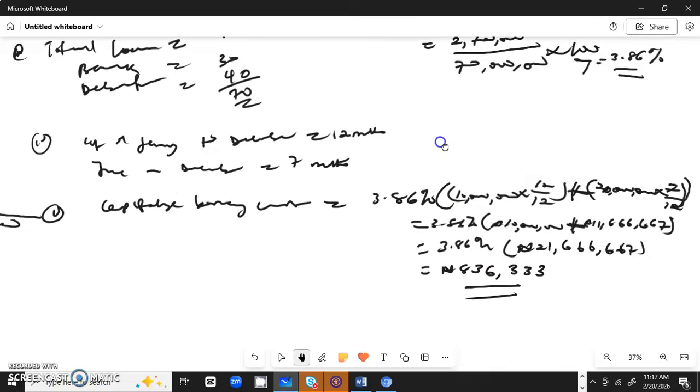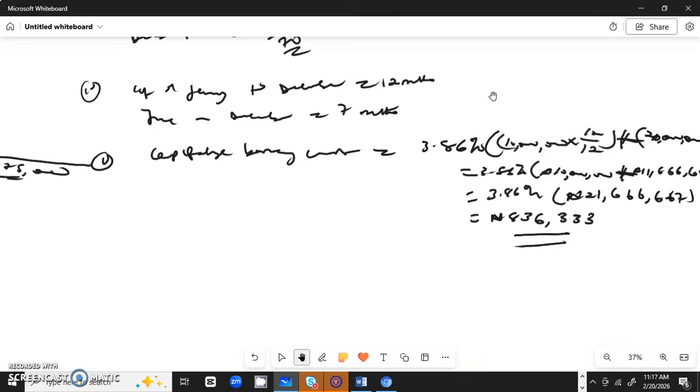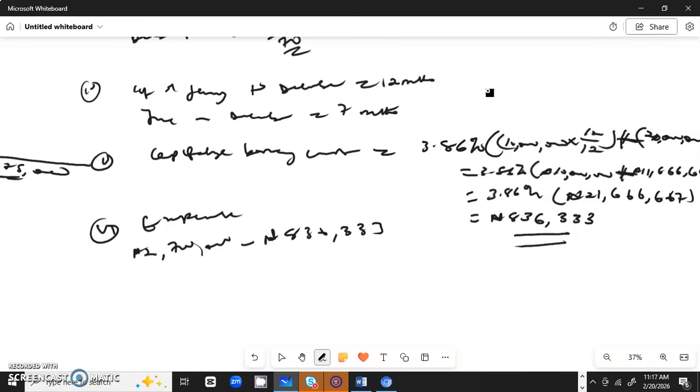Since we are capitalizing 836,333, the amount to be recognized as an expense in the income statement is now because we took interest of 2,700,000, and we are only able to capitalize 836,333. So this will now be a charge on the profit in the statement of profit or loss. So what is the balance?